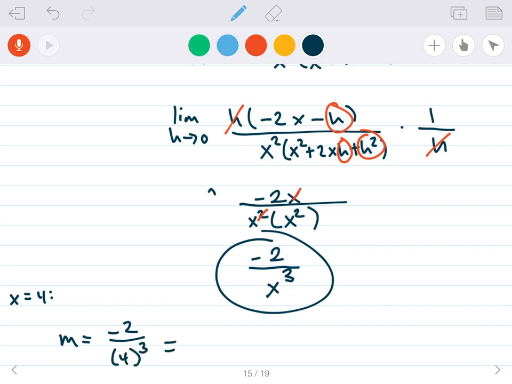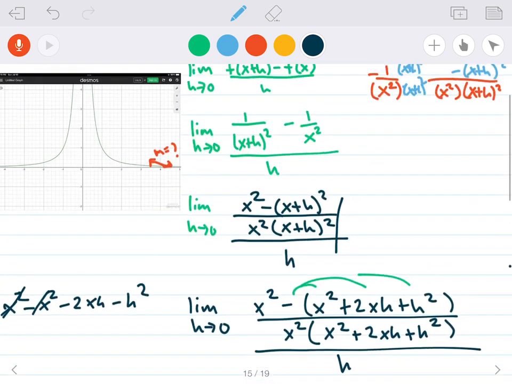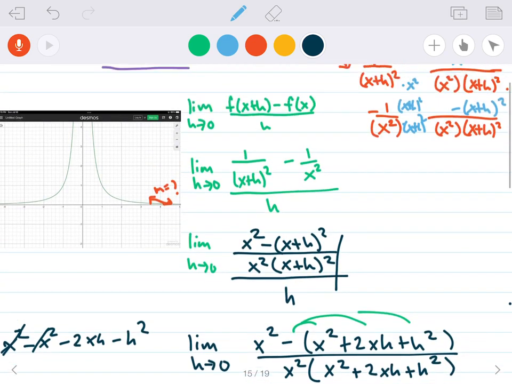Let's see, remind myself what that is. Okay, so we have negative 2 over 64, and that is going to reduce to negative 1 over 32. That's my slope. Okay, so our answer is negative 1 over 32. That's the slope of this tangent line right here.